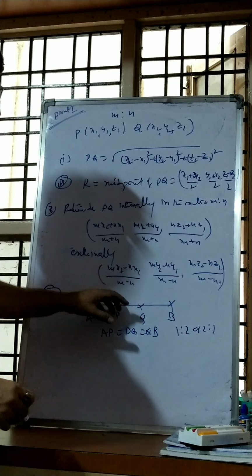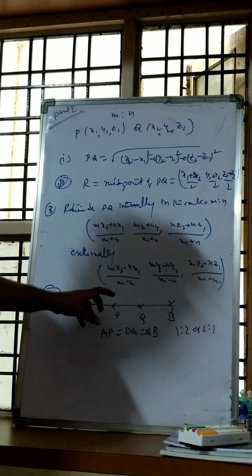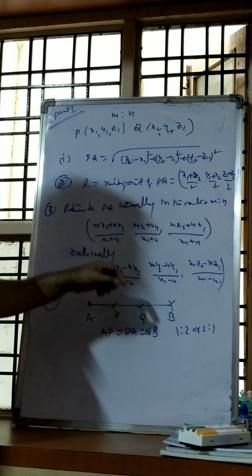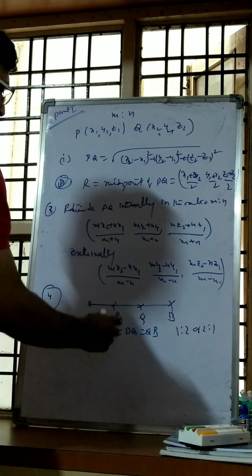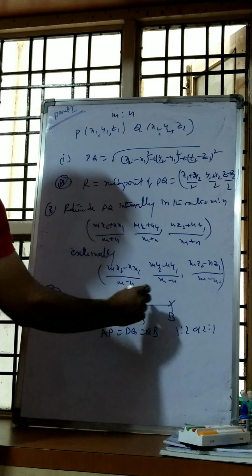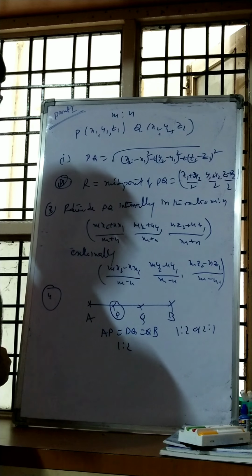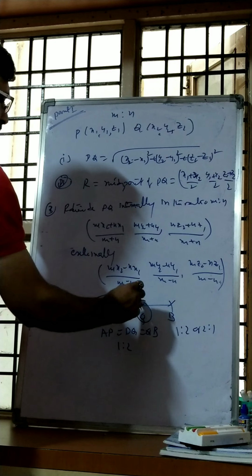You can say P and Q are trisection points with respect to AB. When trisection points are there, definitely we can discuss harmonic conjugate also. P divides AB in the ratio 1:2, right? Q divides AB in the ratio 2:1.